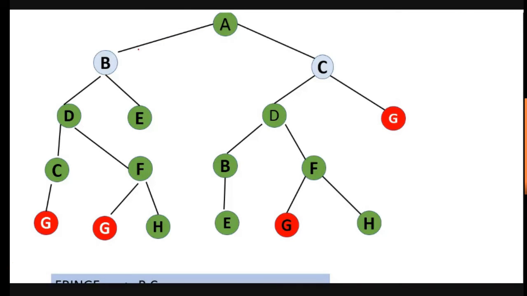Now, what have I done? A has been removed, and it has been replaced by the further nodes next to it, its successors, B and C. So my fringe now has B and C. It was told that we remove the first node and keep the next successive nodes.